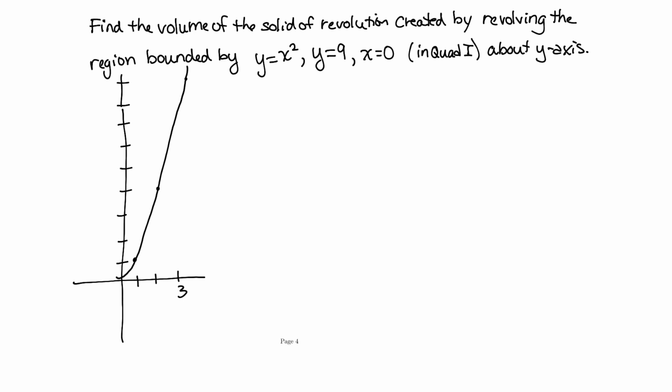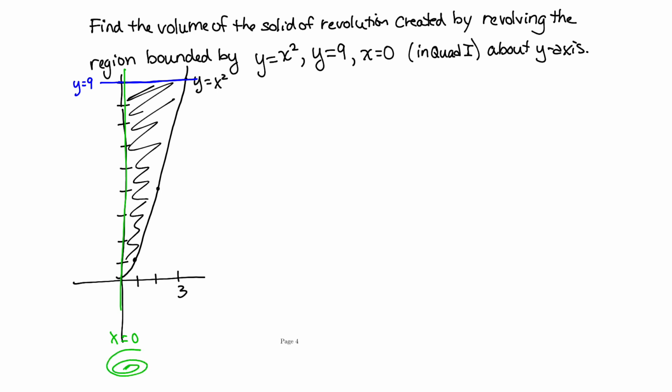You got a shape. y equals x squared. y equals 9. x equals 0. The area we're looking at revolving is here, right? It touches the axis, and my axis of rotation is the y-axis. So this guy's the one that I'm revolving around.